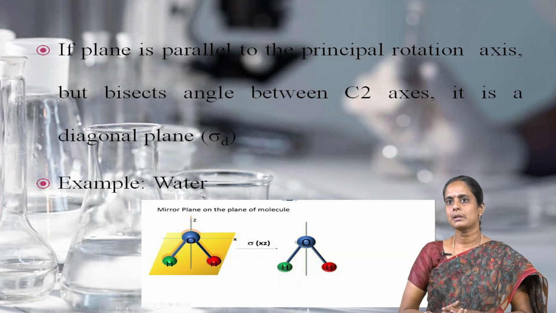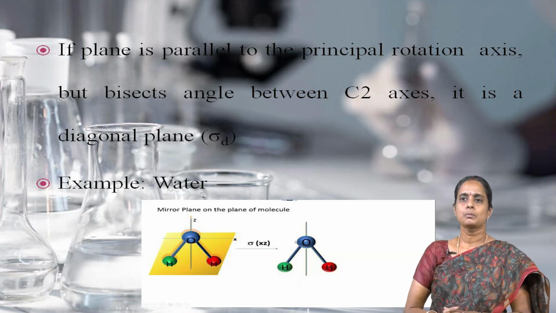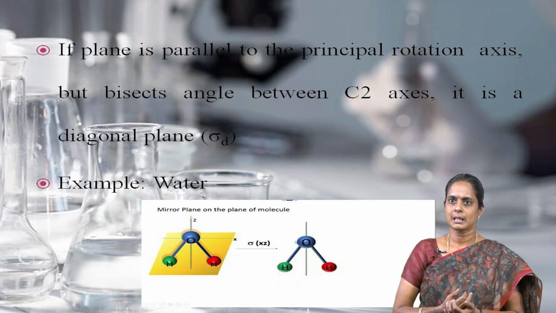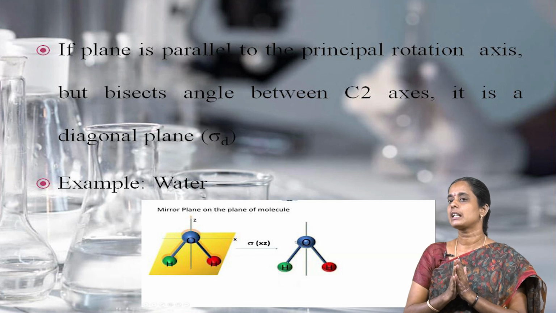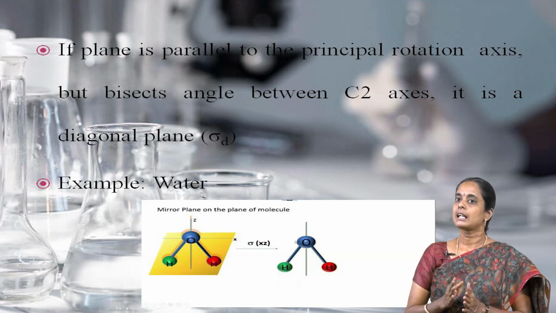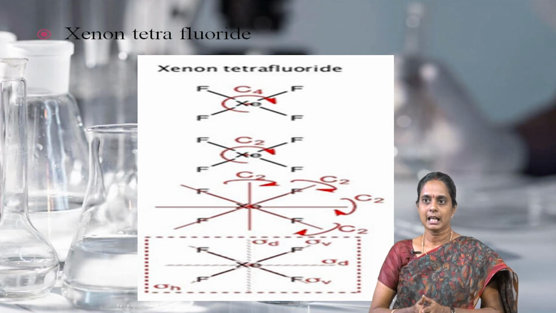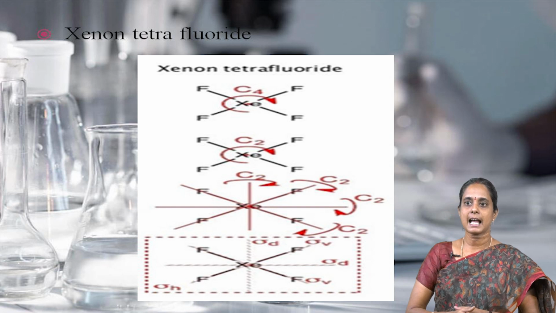For example, the water molecule H2O possesses two sigma v mirror planes of symmetry because they are parallel to the principal rotation axis. Another example, xenon tetrafluoride, has two planes of symmetry parallel to the principal rotation axis, sigma v.